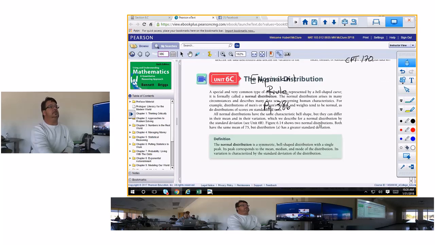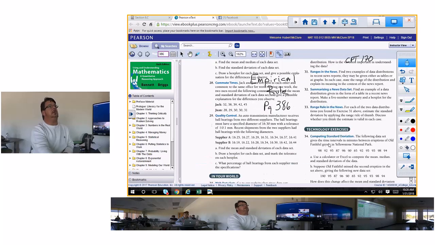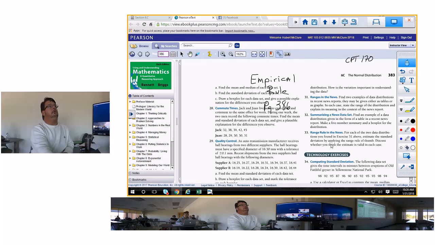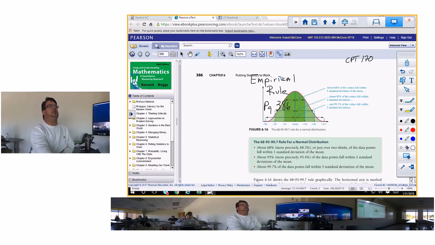It's not there. You sure it's on 386? Yes, I have my book open. Oh, that's 383. But I didn't hit it. All right, there it is. There's the rule, the 68, 95, 99.7 rule. All right, if you don't have a book, go ahead and write that down.